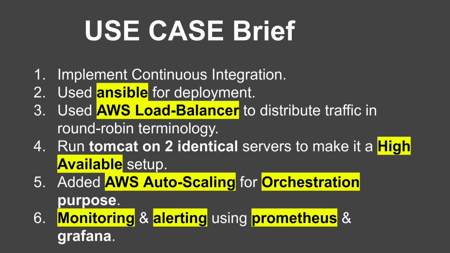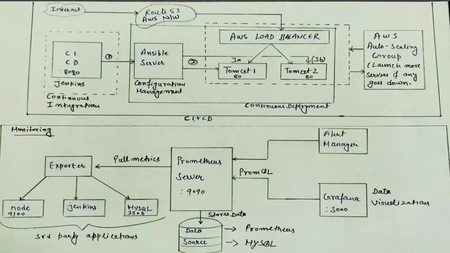So let's start with the basic and first implementation of continuous integration. This will be our whole architecture of this application. Initially you can see there is a CI/CD block. On completion of the .war file it will give it to the Ansible server, and then the Ansible server will deploy it to Tomcat 1 and Tomcat 2.